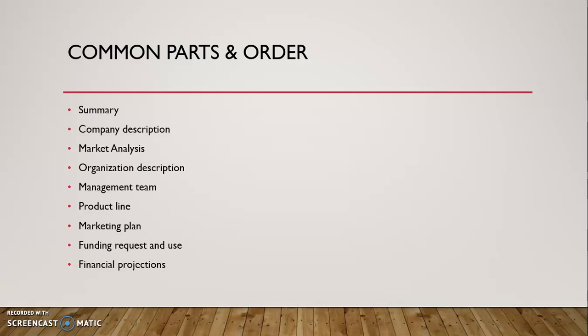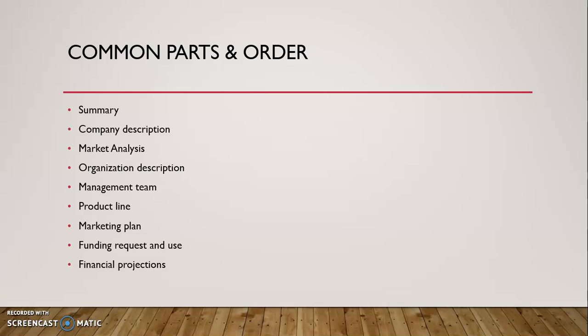So the most common parts are a basic summary. In one paragraph, you just say, this is what we're saying in this report. A description of the company. This would be as if the executive summary and report was going to an outside company, so you would include a brief description of your organization. Market analysis, if it has to do with any kind of sales. Organization description. The management team.